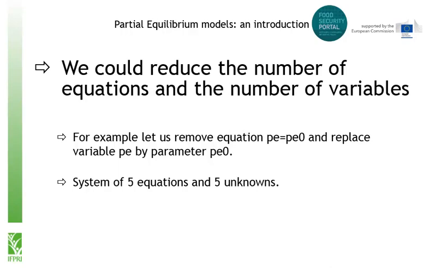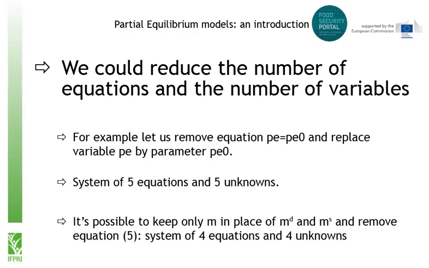Another illustration is M. It's possible to keep only M in place of MD and MS and remove equation 5, which is MD is equal to MS. We would have a system of 4 equations and 4 unknowns, 4 endogenous variables.